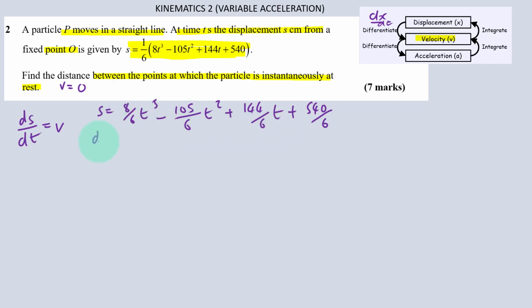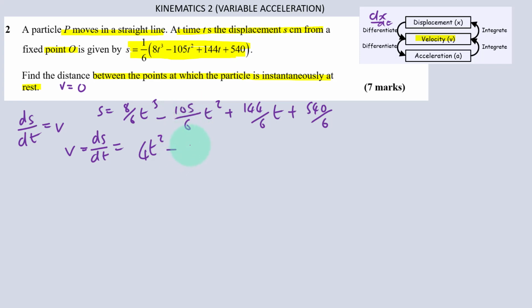So ds/dt, remember we're going to get the velocity through that, so we're going to multiply by the power and decrease the power by 1. So that's going to give us t squared. 8 times 3 is 24, divided by 6 is 4. So we're going to get 4t squared here. 105 times 2, 210 over 6.